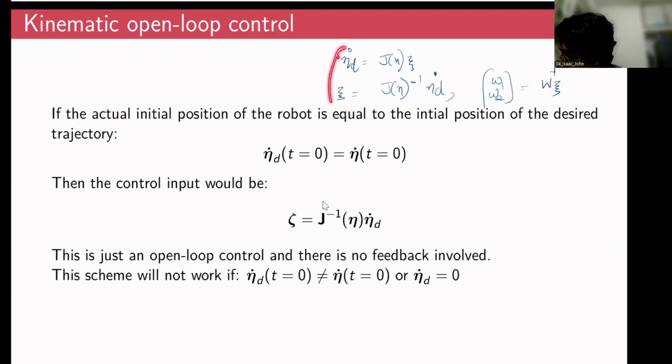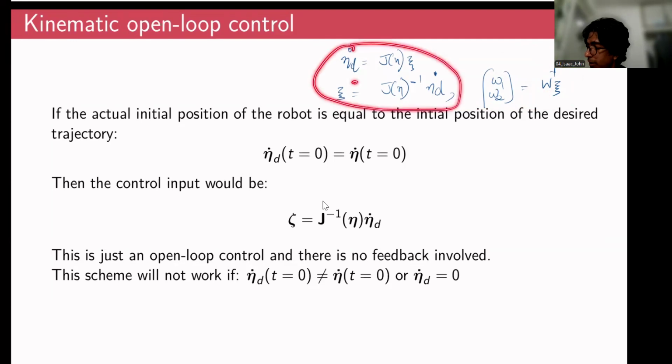So this is basically an open loop controller. There is no closed loop. There is no input from the sensors, and you can simply use the kinematic equations just for estimating these control inputs. But there is always an issue if you are using this open loop control law.